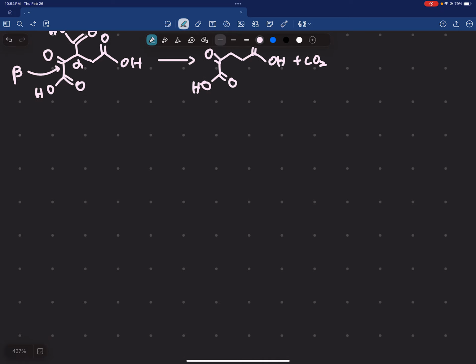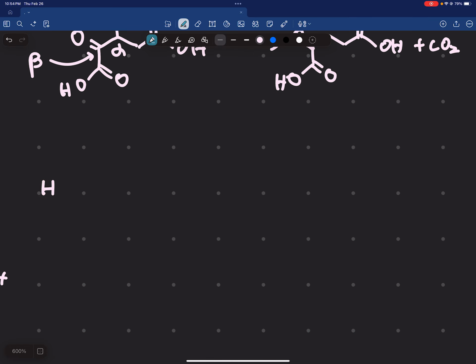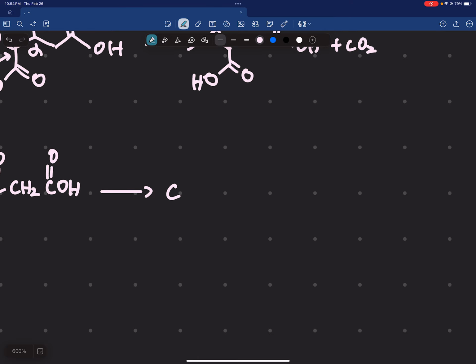Now we're going to talk about the decarboxylation of malonic acid and substituted malonic acid. So decarboxylation will occur if there are any carbonyl groups at the beta position. So if we had malonic acid, this will decarboxylate at around 140 to 150 Celsius into acetic acid.